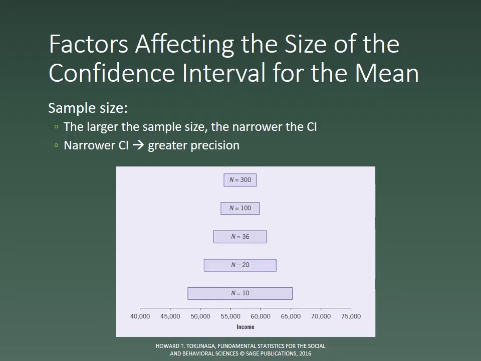It's going to be a wider range because we have so few people from that sample represented. As we get more and more people, so if we get 35 people out of that 1,000, or 36, I think this example is 36 people, our confidence interval gets a little more narrow because we have more people represented. If we get 300 people, our confidence interval gets even more narrow because we have 300 out of that 1,000 people represented.